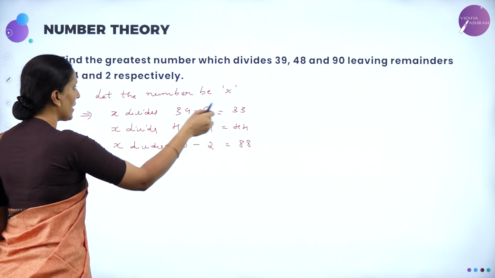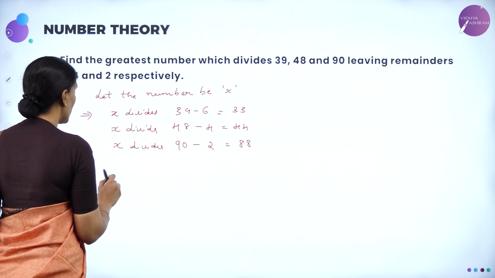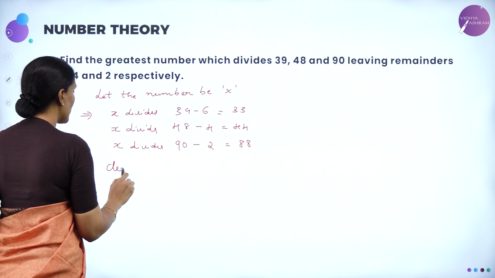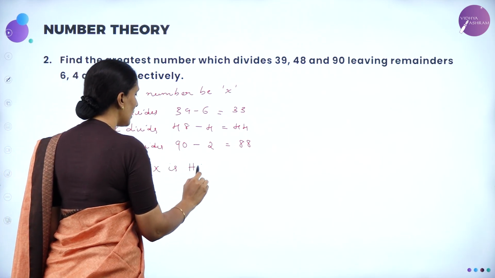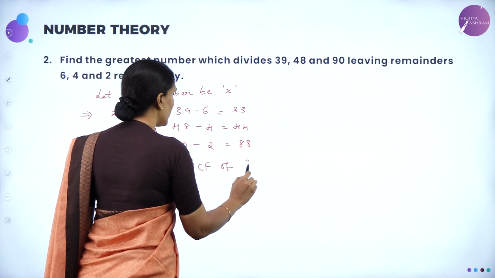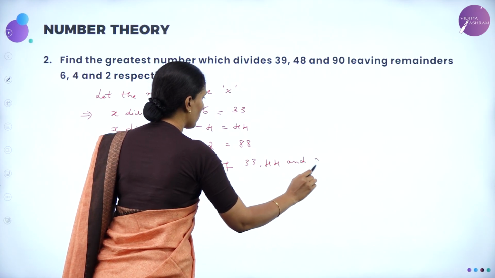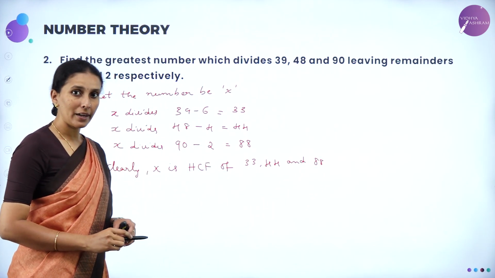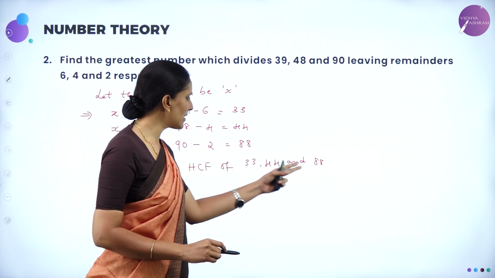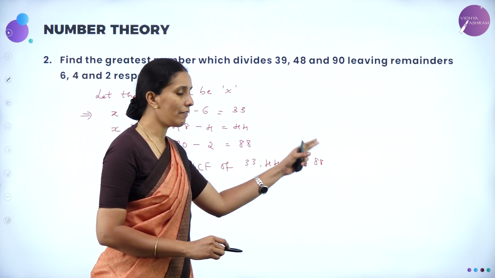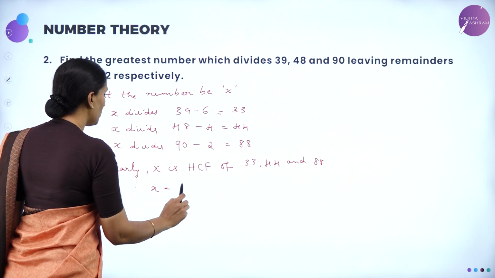So x divides 33, x divides 44, x divides 88. This implies that x is the HCF of 33, 44 and 88. Now which is the common divisor which divides all these three numbers? Clearly we can see it's 11. 11 threes are 33, 11 fours are 44, 11 eights are 88. So therefore x is equal to 11.